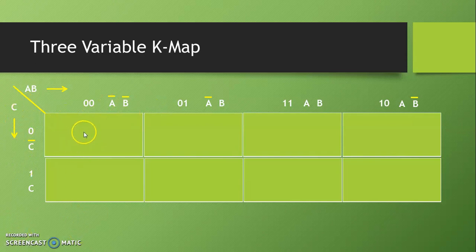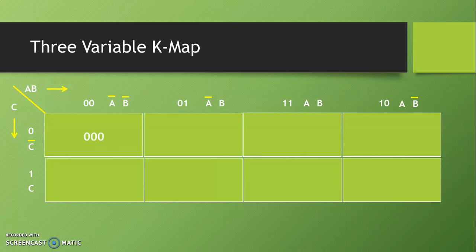So for the first cell we take the value of AB 0 0 from this way, and for the value of C, 0 can be taken. So if we write the binary number or product, then we can write 0 0 0.